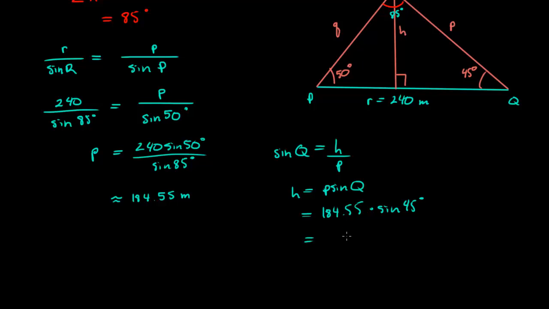If you do that on your calculator, 184.55 times sine 45 is approximately 130.5.